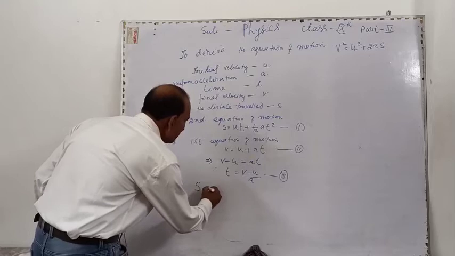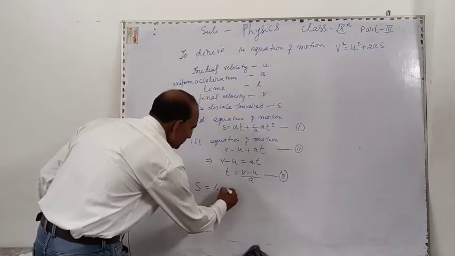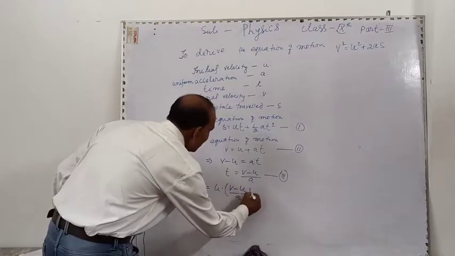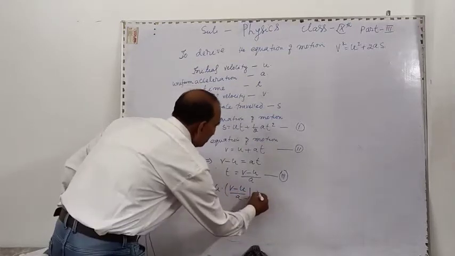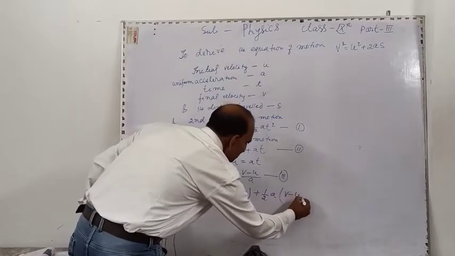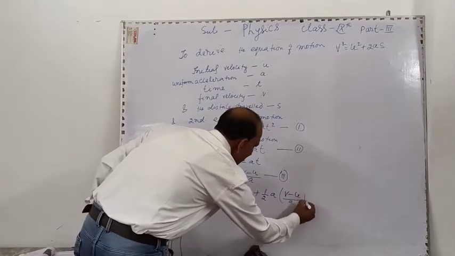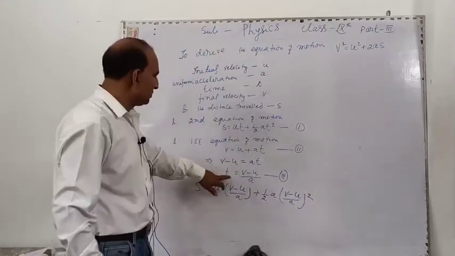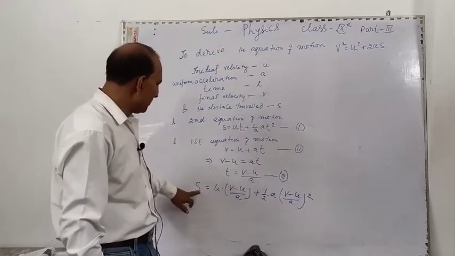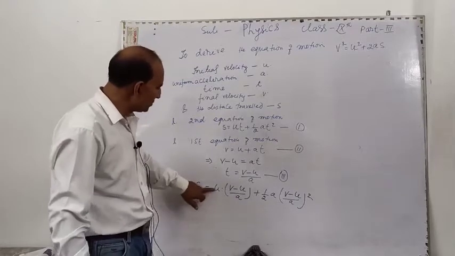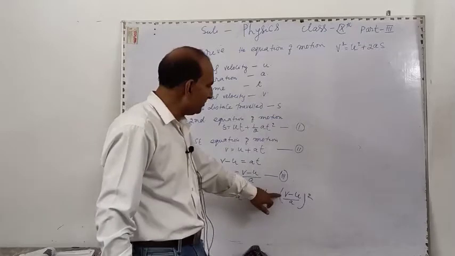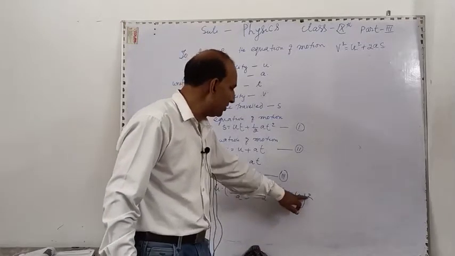s is equal to u into (v minus u) by a plus half a into ((v minus u) by a) whole square.